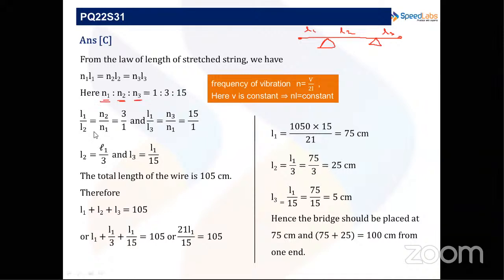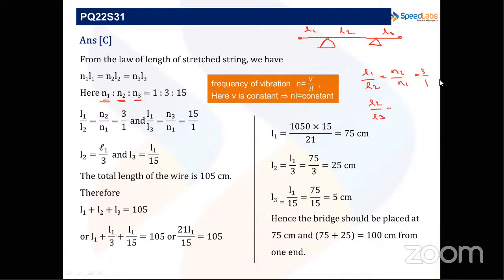L1 by L2 is the ratio of N2 by N1 and that is 3:1, and again L2 by L3 is N3 by N2, so that is 15:1. Now make a common ratio to get L1:L2:L3. Here 1 is there, so multiply it with 15, so it is 45:15:1.